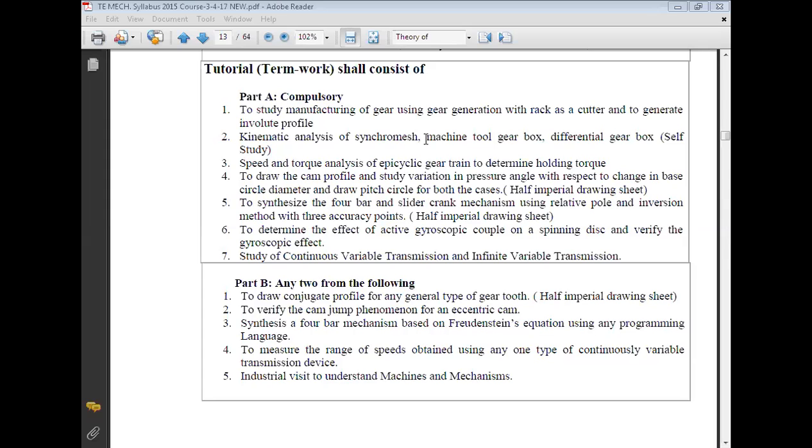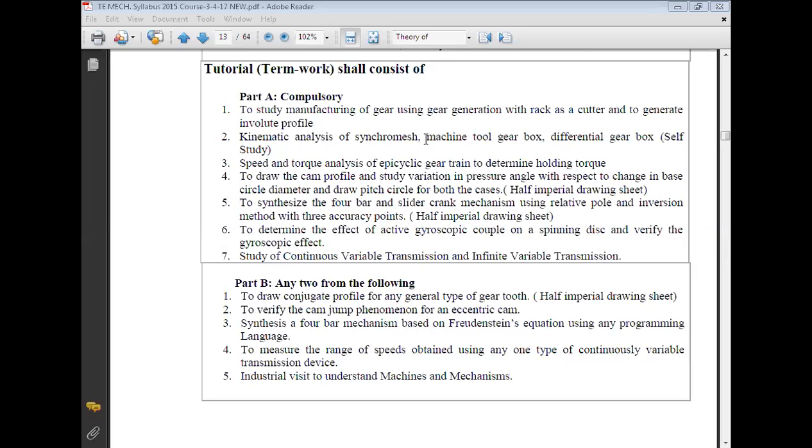First will be the sliding mesh gearbox. Second will be the constant mesh gearbox. Okay. Then third will be the synchromesh gearbox.